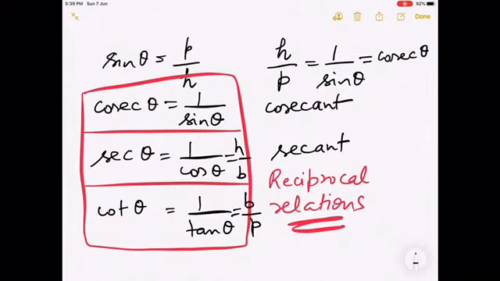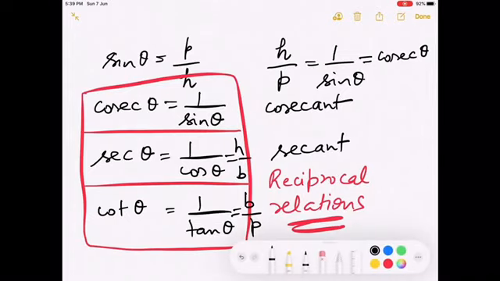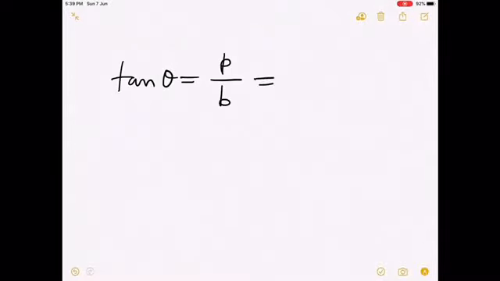Let us now consider a few more things. Let us consider the ratio of tan theta first. As we know, tan theta is perpendicular upon base, and in a fraction, if we divide both numerator and denominator by the same object, then the fraction will not change.